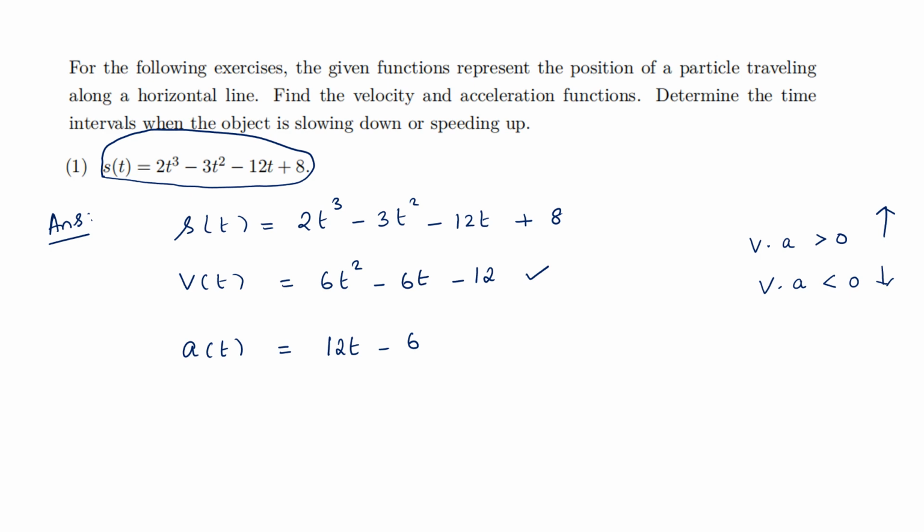How do we find in which interval this product is positive or negative? For this, we assume v of t equal to 0 and find the value of t. At the same time, we assume a of t equal to 0 and find the t value.